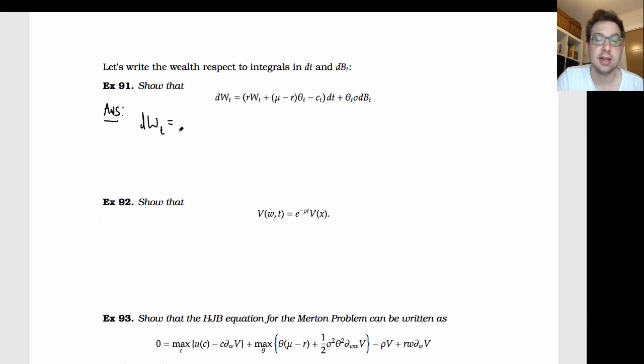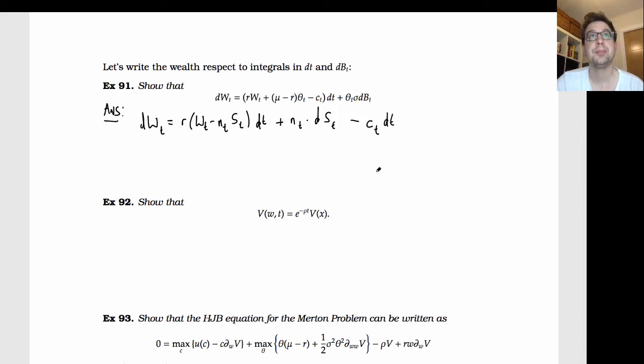Okay, so note that we had dW of t is equal to the wealth that we have in the bank. So that's the total wealth we have minus the money that we have in the stock, and then we've got the change in our wealth in the stocks minus our consumption.